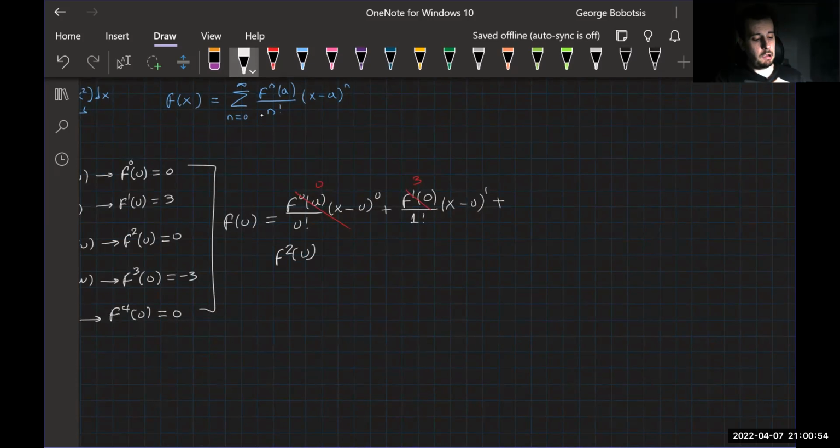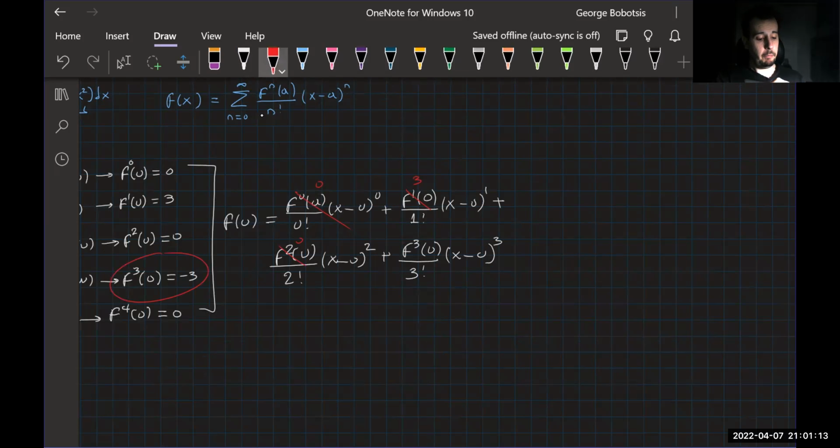F2 of 0 over 2 factorial, x minus 0 squared. This, however, is 0. And you keep on going, right? F3 of 0 over 3 factorial, x minus 0 cubed. This we proved again is negative 3. And the last term again doesn't exist, so I'm not even going to write it down.